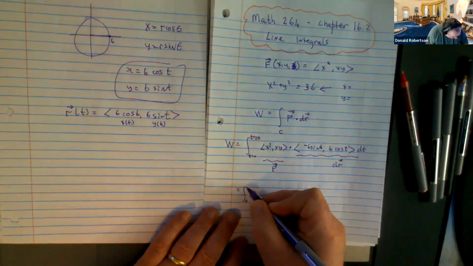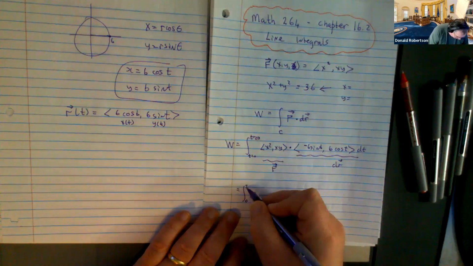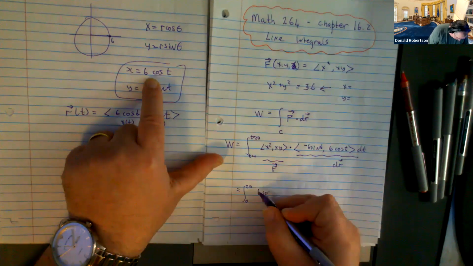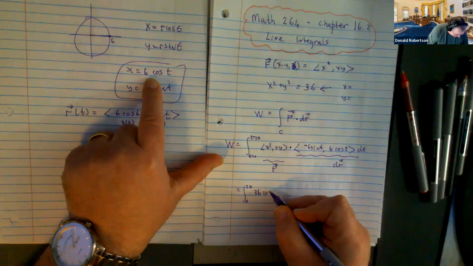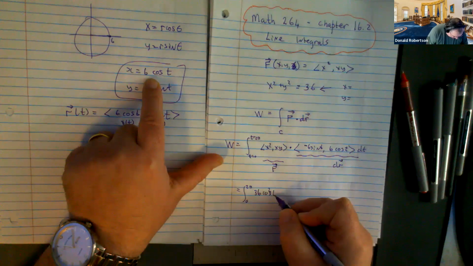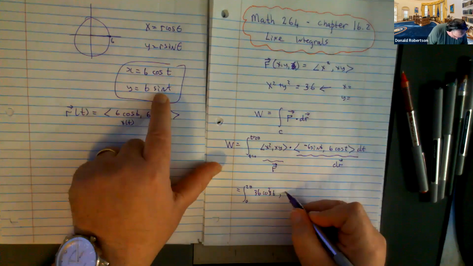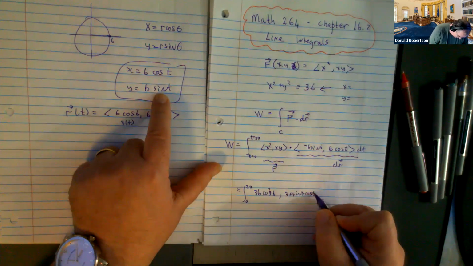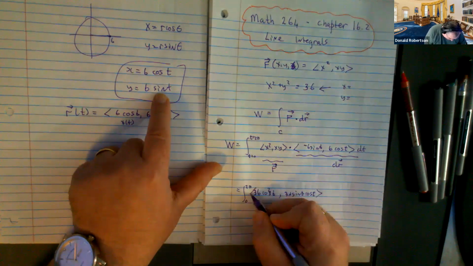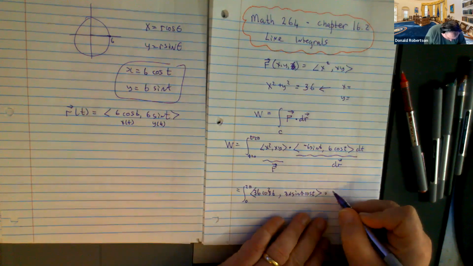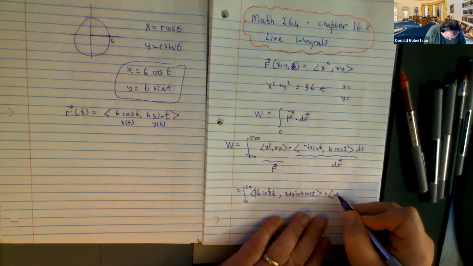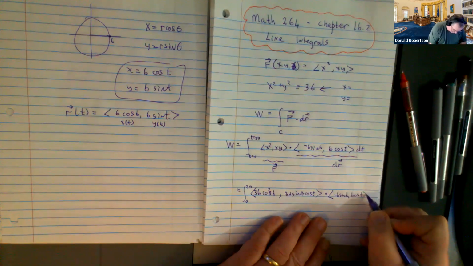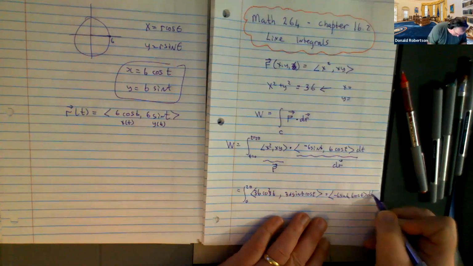x squared is going to become 6, no, it isn't, 36 cos squared t. xy is going to be that times that, so that's 36 sine t cosine t. So that's that guy turned into t's, times this guy, dt. x times x plus y times y, what do we get?